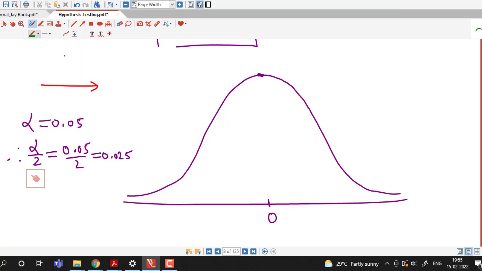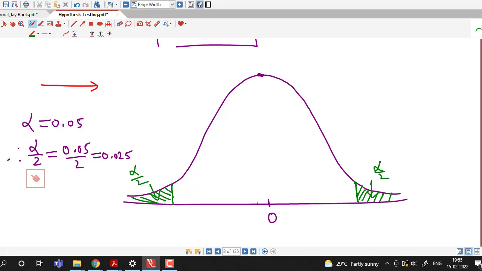So as we have discussed in the lectures of estimation, that if we have alpha equal to 0.05 and if we have two-tailed test, then the alpha area is divided into two equal areas having value alpha by 2.